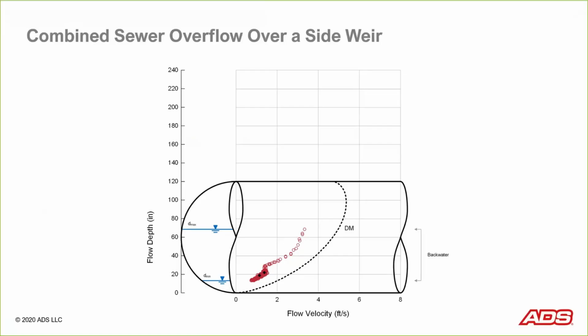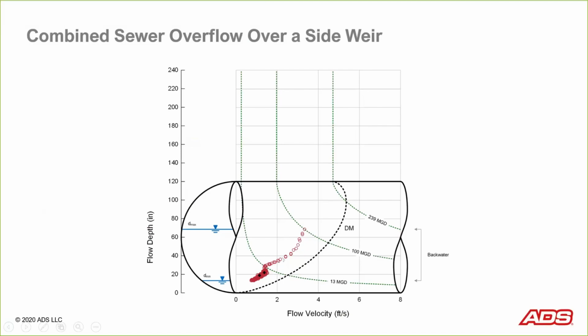So we operate in backwater conditions at all times. I can also plot some ISOQ lines on here to look at what's going on. And you'll notice that I see an inflection happening in this data right here at 13 million gallons per day at roughly 30 inches or so. That's where my overflow across the side weir starts.